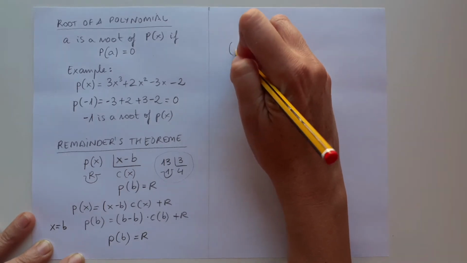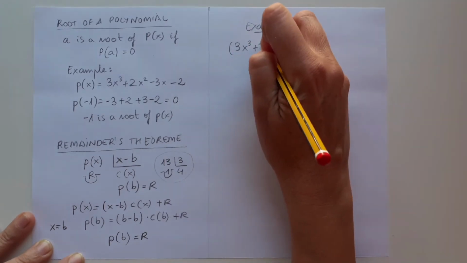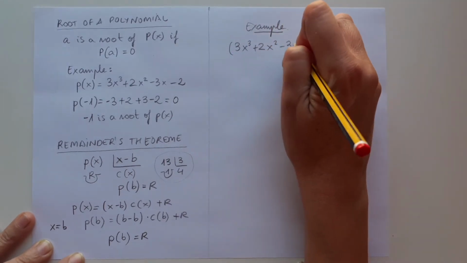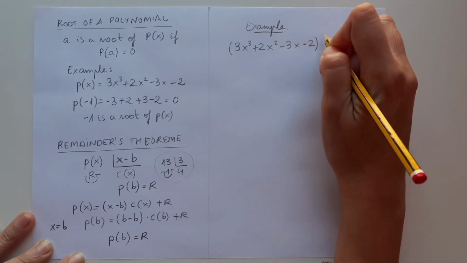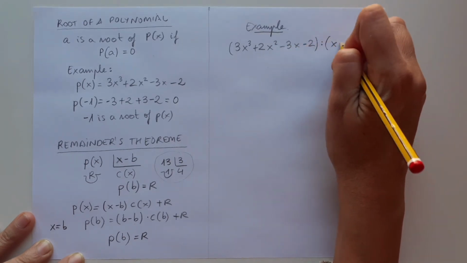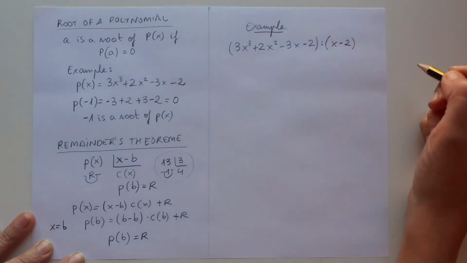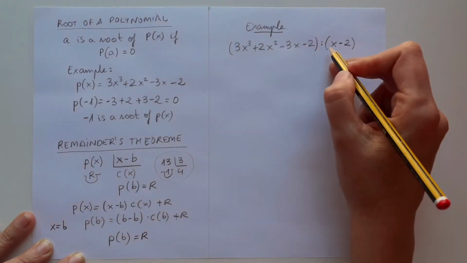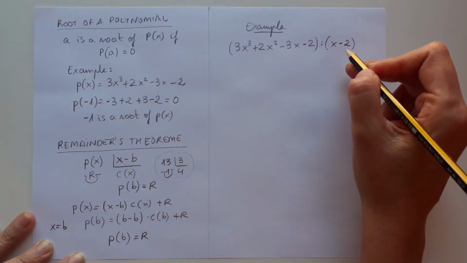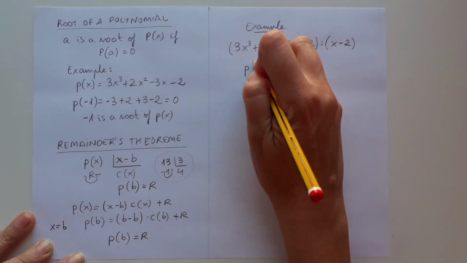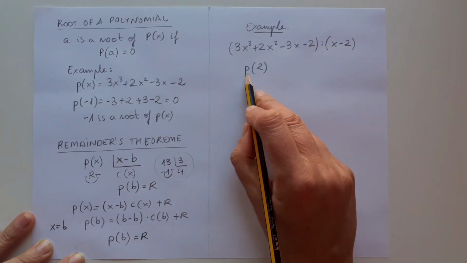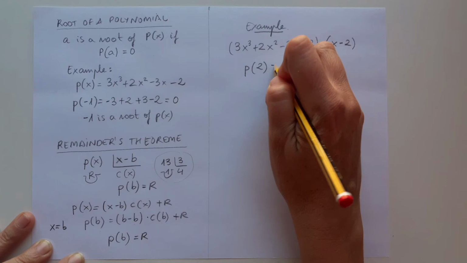Let's say we have the same polynomial as before, and we are going to divide this polynomial by x minus 2. We can obtain the remainder of this division directly without performing the division, and that would be just calculating p of 2. Let's do it.